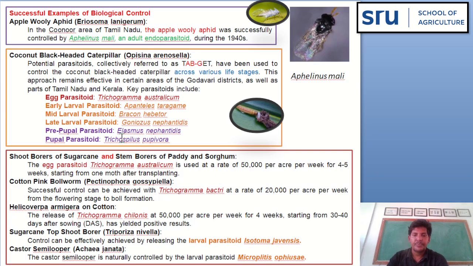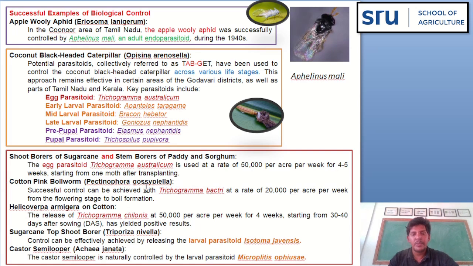And Trichospilus pupivora acts as a pupal parasitoid. Therefore, all stages have parasitoids for their management. Shoot borer of sugarcane and stem borer of paddy and sorghum are managed by the egg parasitoid Trichogramma australicum.